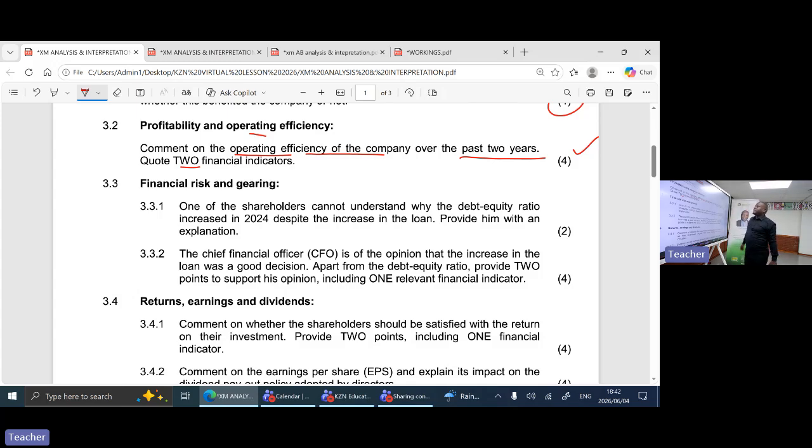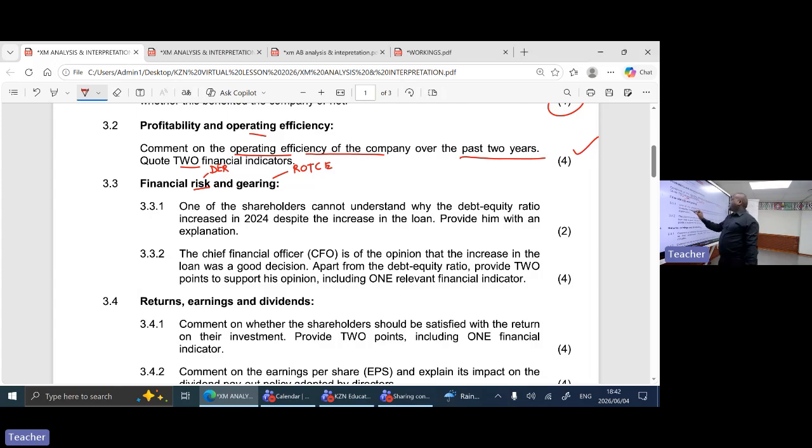So 3.3, financial risk and gearing, right? Remember I spoke about risk, debt equity ratio, then gearing, which must be compared with interest on loan. One of the shareholders cannot understand why the debt equity ratio increased in 2024 despite an increase in the loan.